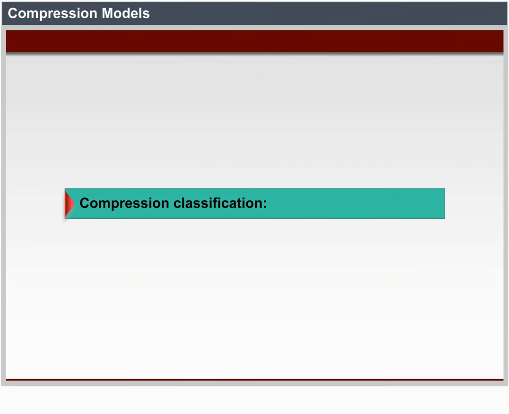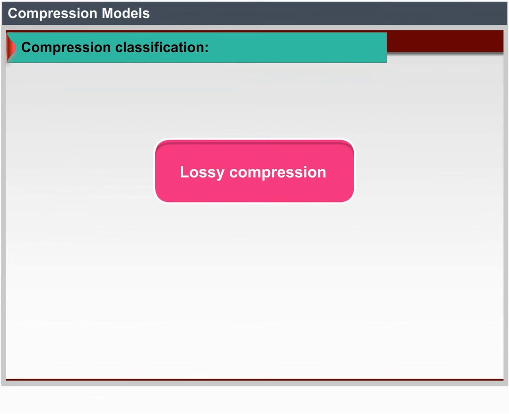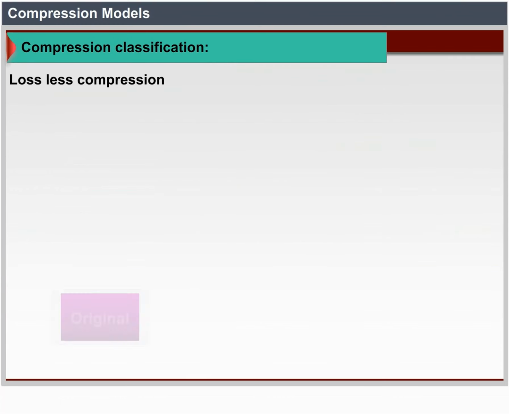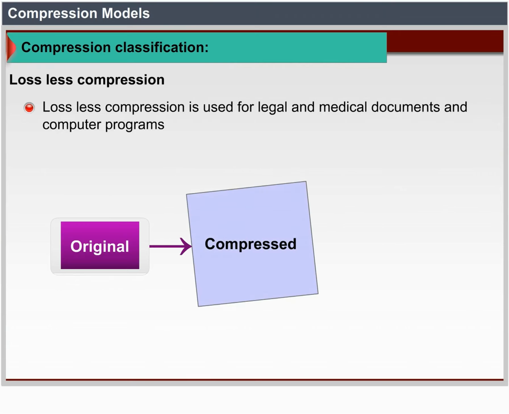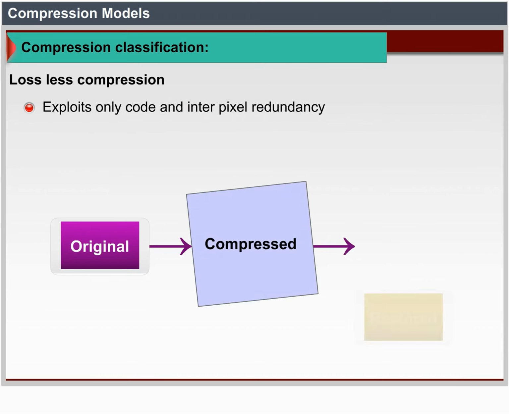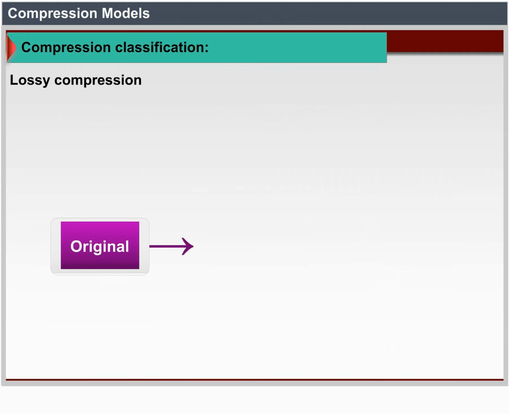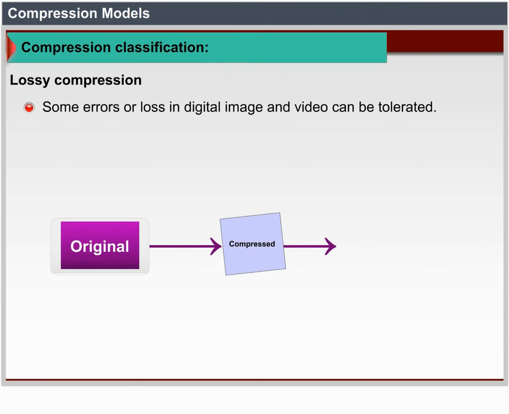Compression classification: lossy compression, lossless compression. Lossless compression is used for legal and medical documents and computer programs. It exploits only code and interpixel redundancy. Lossy compression is used for digital image and video where some errors or loss can be tolerated.